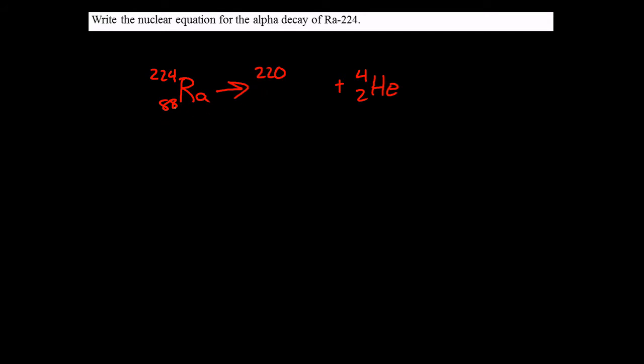And if we started with 88 and we lost 2, we're going to be down to 86. If we look at the periodic table, that is radon. So radium turned into radon, and that is the nuclear equation for that particular decay.